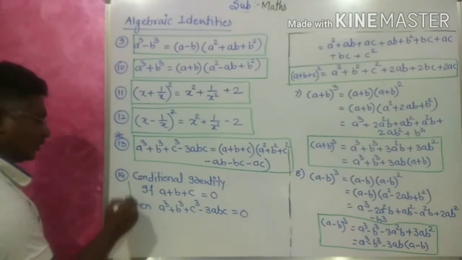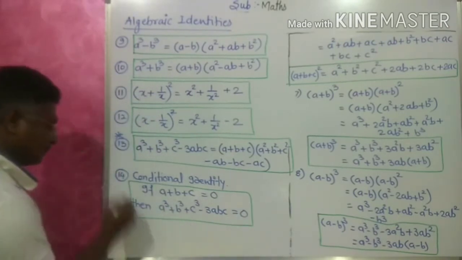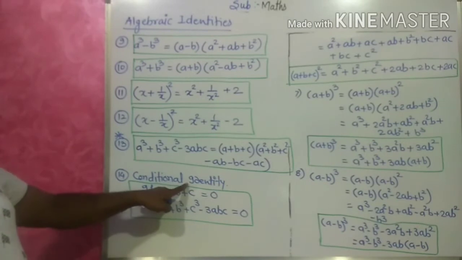It is based on the 13th identity. But here a condition is given, so that's why it is called the conditional identity.